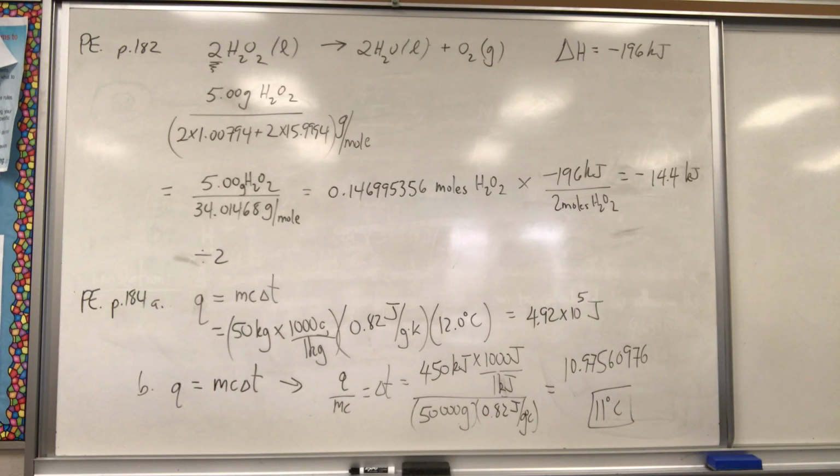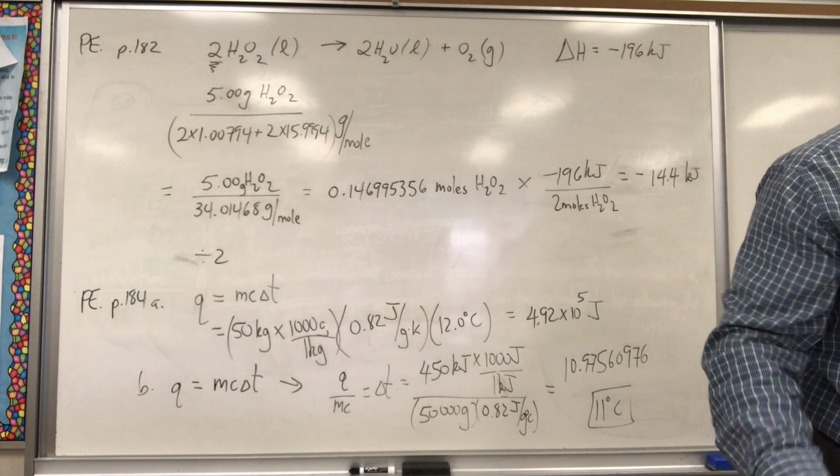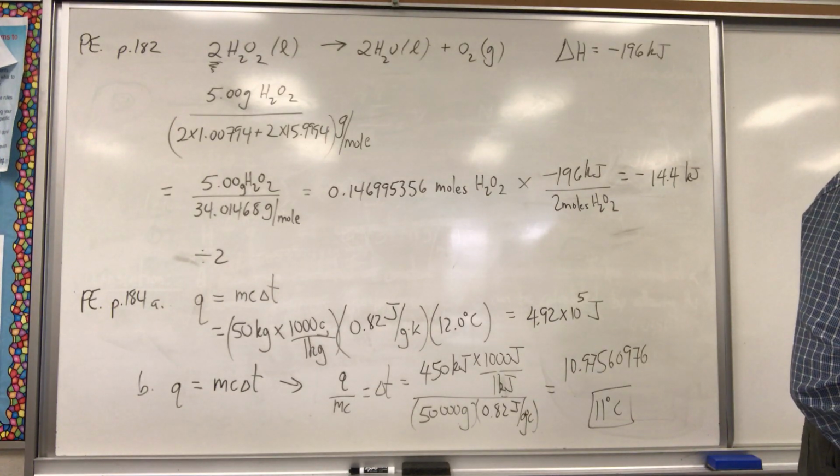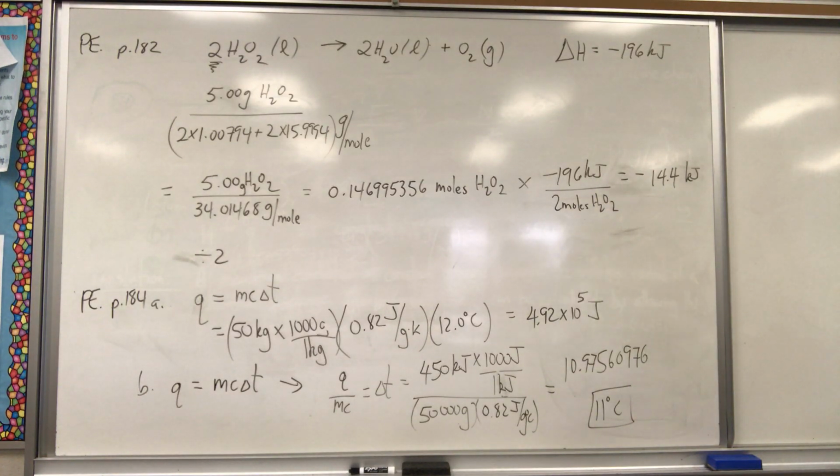Anyway, the next problem you're going to do is page 186, practice example. Here's the question. When 50 milliliters, and I think I gave you this for homework, when 50 milliliters of 0.1 molar silver nitrate and 50 milliliters of 0.1 molar hydrochloric acid are mixed in a constant pressure calorimeter, the temperature of the mixture increases from 22.3 degrees Celsius to 23.11 degrees Celsius.